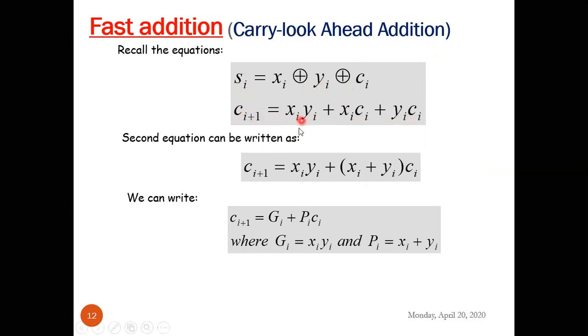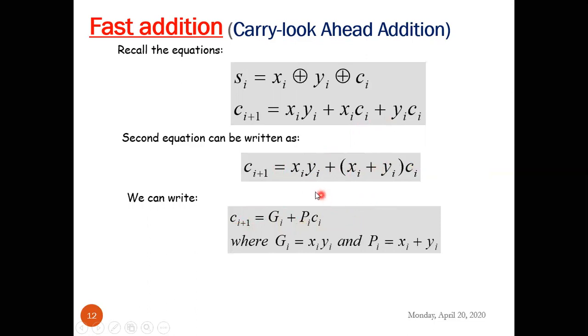Considering the carry equation, what are the changes made here? Ci plus 1 equal to xi into yi plus, what is common here, ci. So xi plus yi into ci. We can write this equation as ci plus 1 equal to gi plus pi into ci.